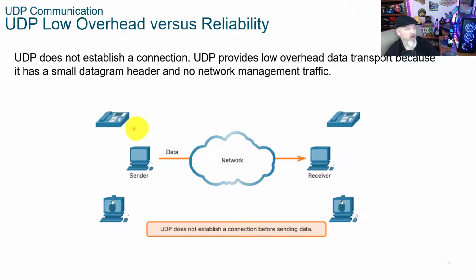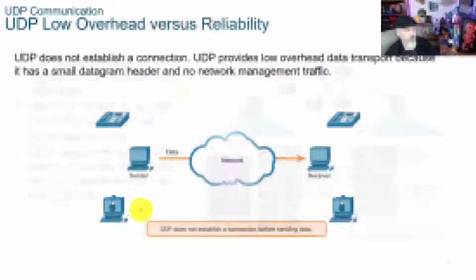When you're doing a voice over IP call or video conferencing, there is a lot of data going through. By using UDP, smaller packets, you can get a lot more data through and you don't have to worry about packets being resent and having more traffic on your network. If you've ever done that before and you've seen the breakup of the video a little bit, that's what's happening. The UDP packets just aren't getting through.